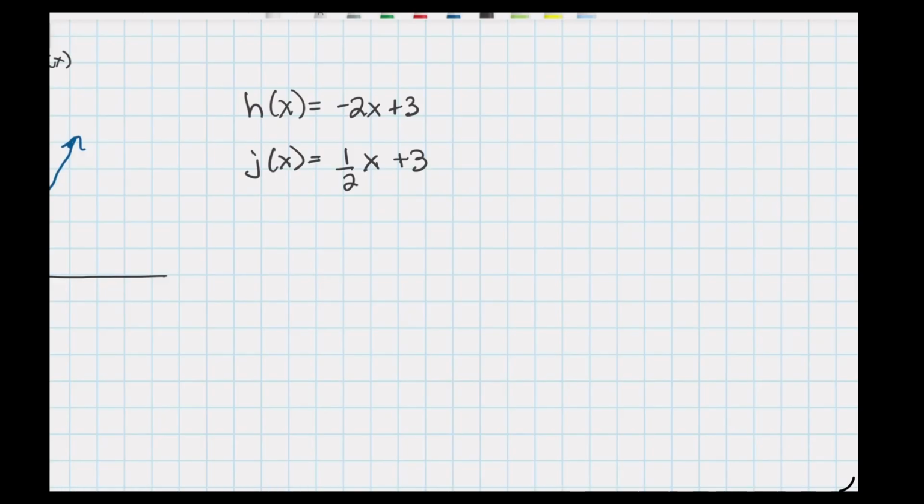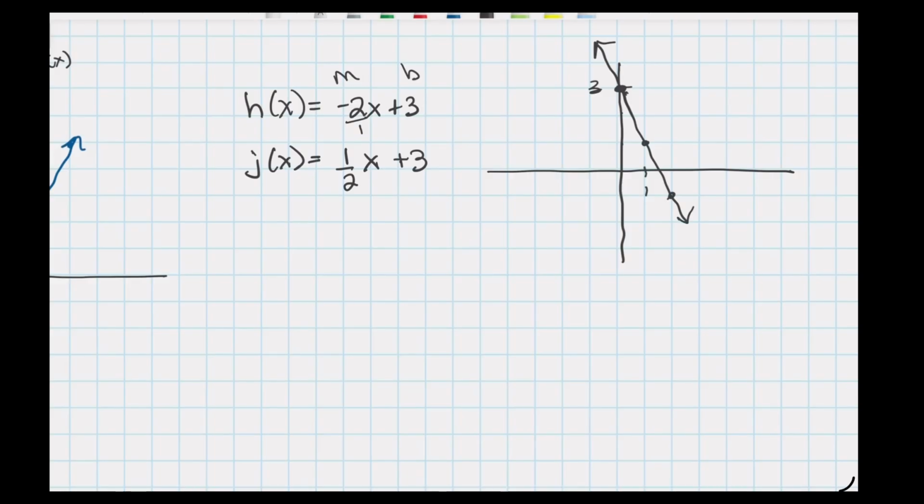All right, let's get some grids on here. This is the slope, this is the y-intercept. Slope is going to be down 2 over 1, and the y-intercept is a positive 3. So down 2, right 1. Down 2, right 1. It's like so. And here is h of x.